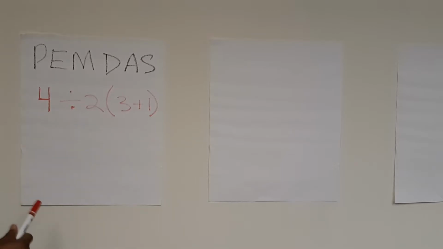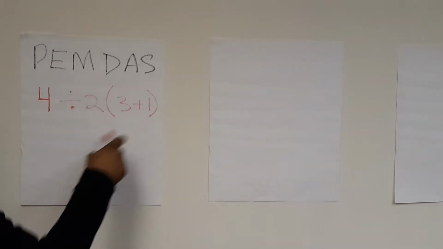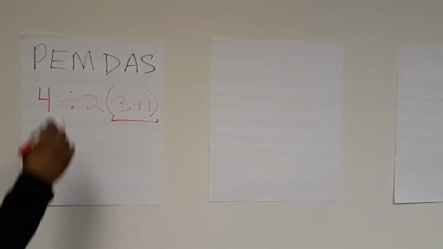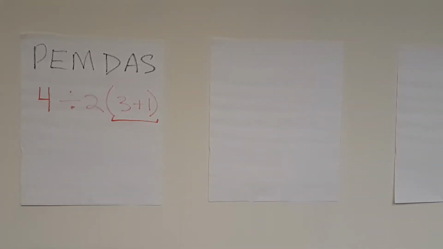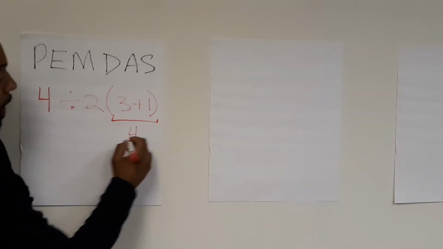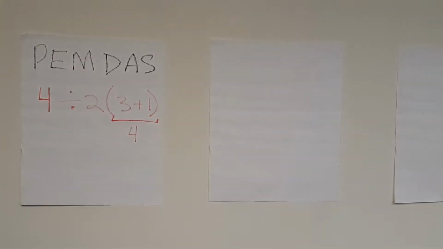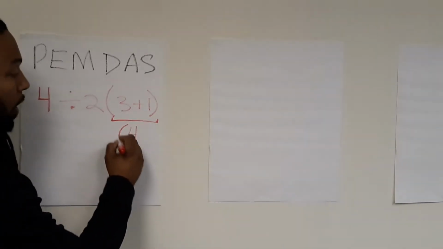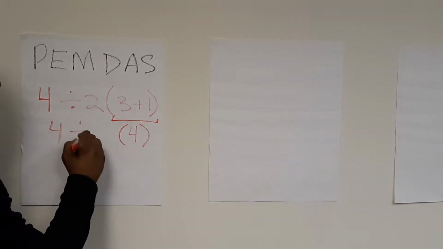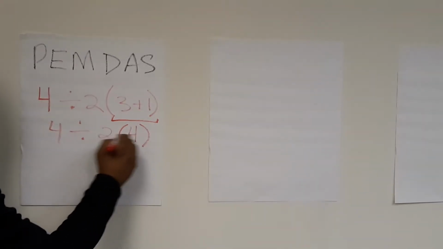Well, I look for my parentheses. There they are. So what's in parentheses? I focus on that first. 3 plus 1, that's 4. Now that I've solved what's in my parentheses, I rewrite my problem, 4 divided by 2, parentheses 4.